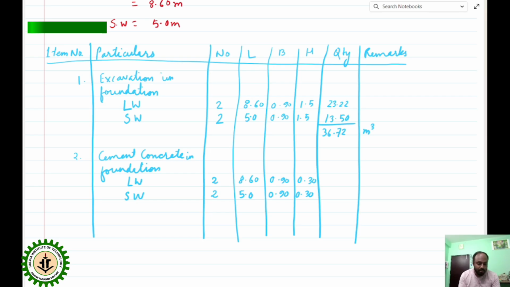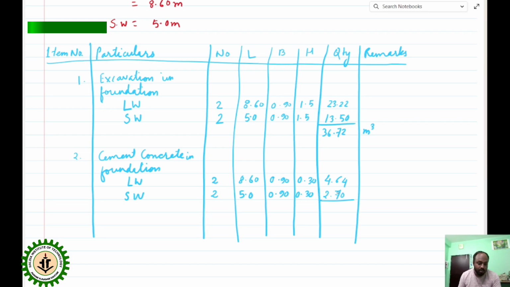Then again we will multiply this. 2 multiplied by 8.6 multiplied by 0.9 multiplied by 0.3 is coming as 4.64, and 2 multiplied by 5 multiplied by 0.9 multiplied by 0.3 as 2.70.